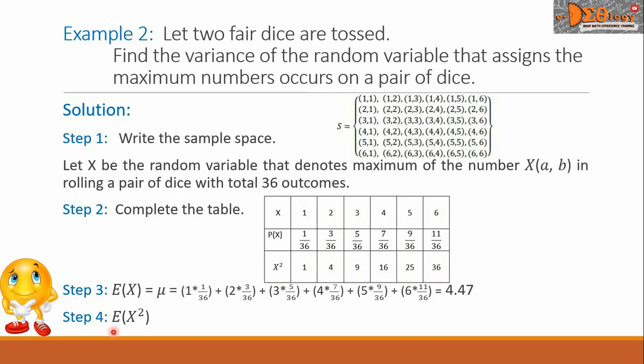Now for our E of X squared, let us multiply each of the numbers for X squared by its corresponding probability.